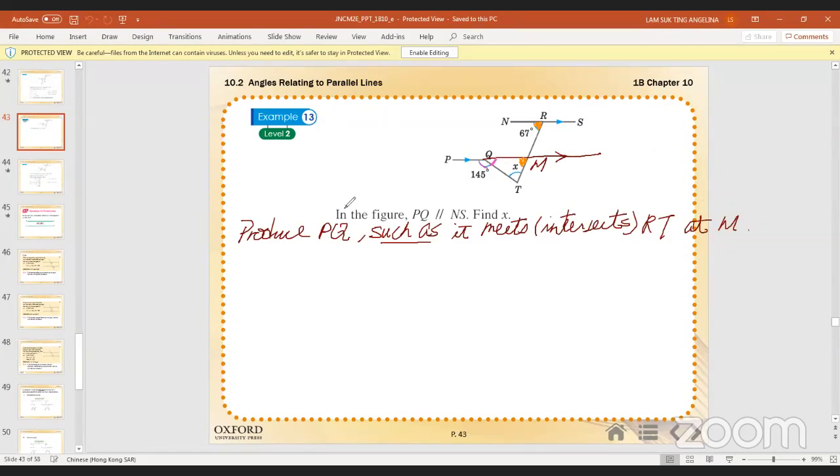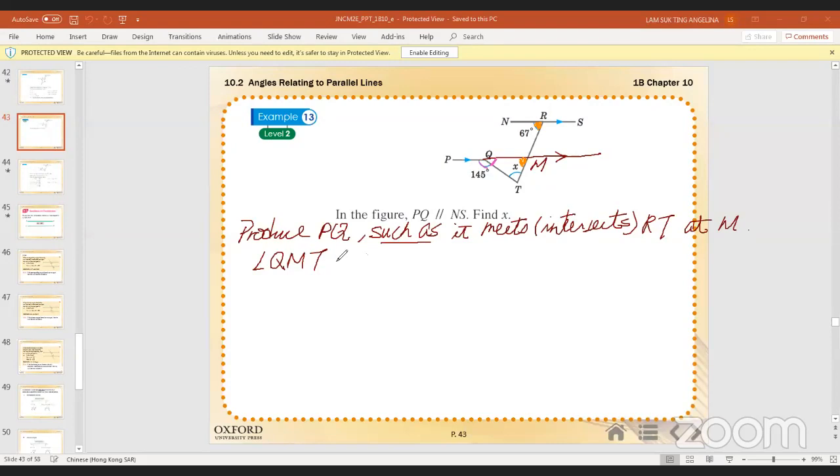After you have got this, you may first need to talk about this angle. This angle is the subject, so we write it first. I want to tell people something about this angle, QMT.